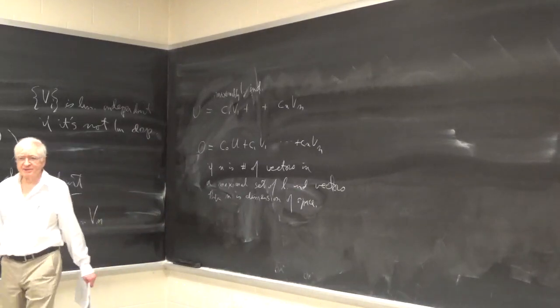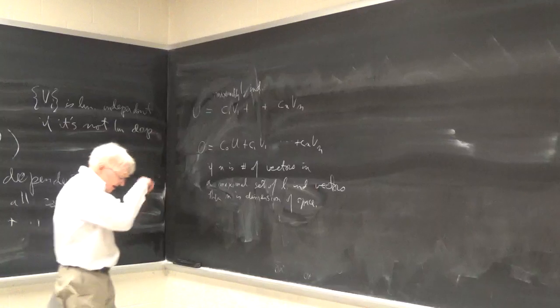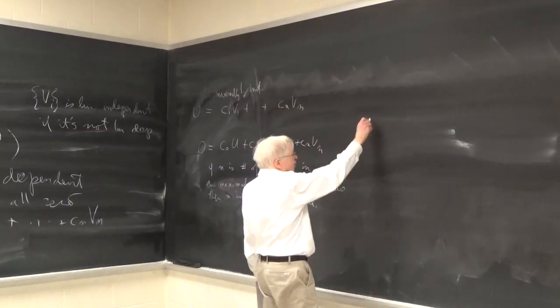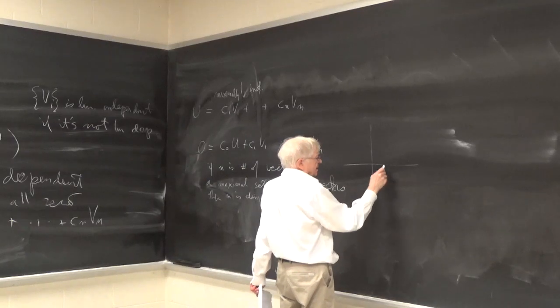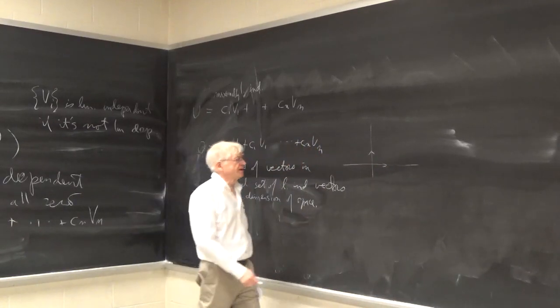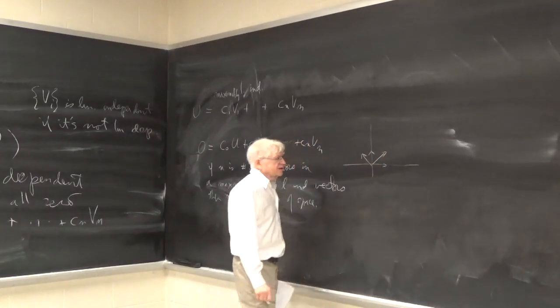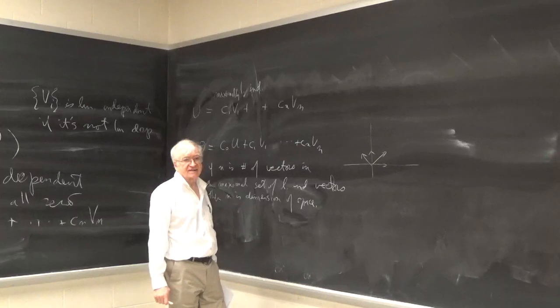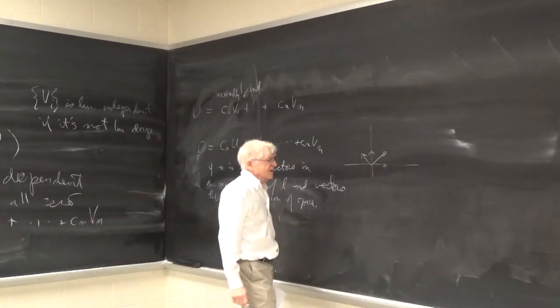So that's the basic idea of the dimension of the space. Intuitively we understand that in a plane you can take two vectors like that as linearly independent, and by taking linear combinations of these vectors we can represent any point in the space.